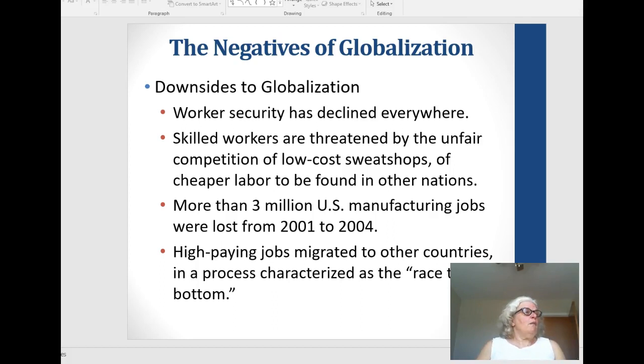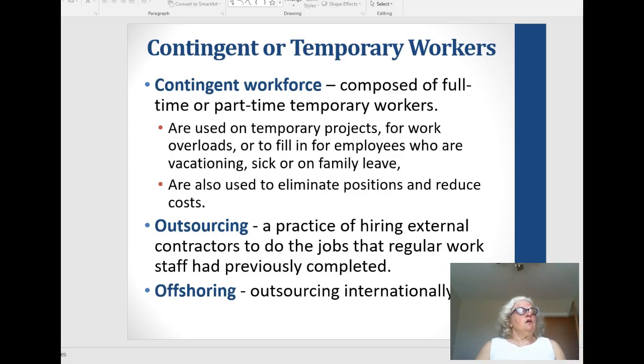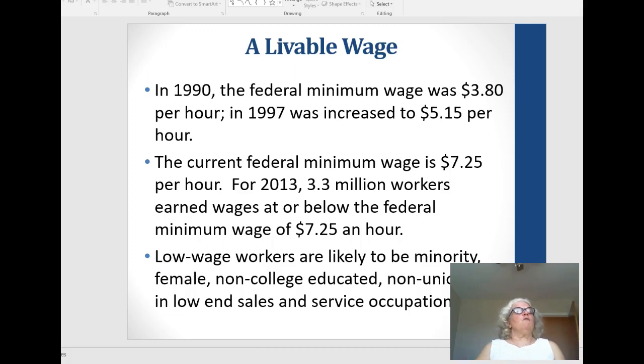So we've had an increase of temporary workers, of outsourcing, of calling for help or reserving our airline ticket, and we're talking to someone in India, or someone in another country. We've outsourced that. My husband works for Goodyear. They actually outsourced their human resource department, and it's currently in Jamaica. It had been in India. They go for the cheapest value out there. Who can they get who will do the job?